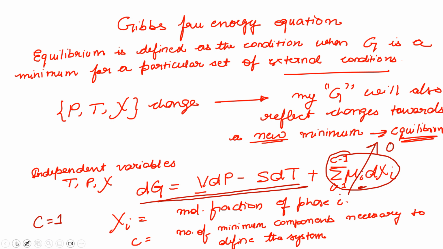So we have described this equation, and we now know that for a single component or unary system we have this simple relation. Now we can see how we have reached this equation.